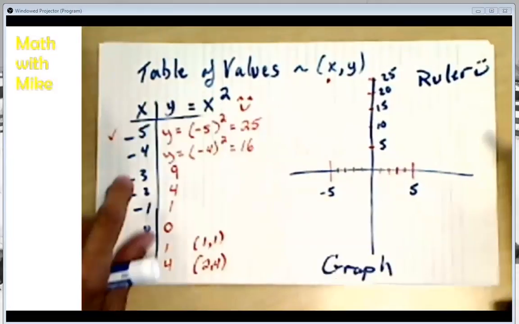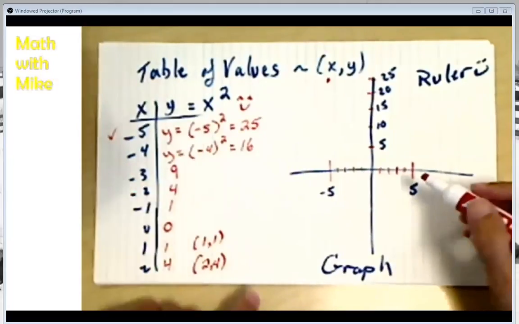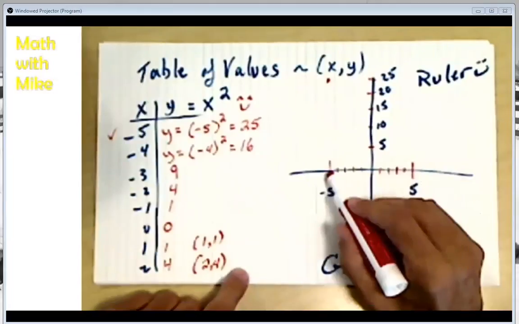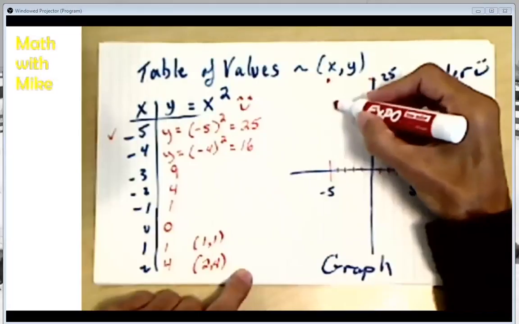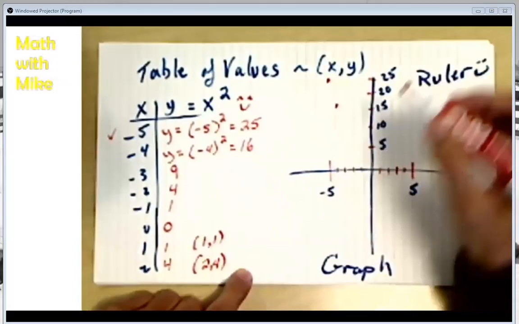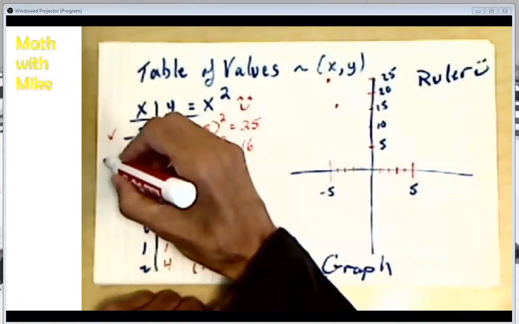When x is minus 4, what is y? 16. So minus 4 is there, 16 is about there, just eyeballing it with the 15, right? So that takes care of that one.